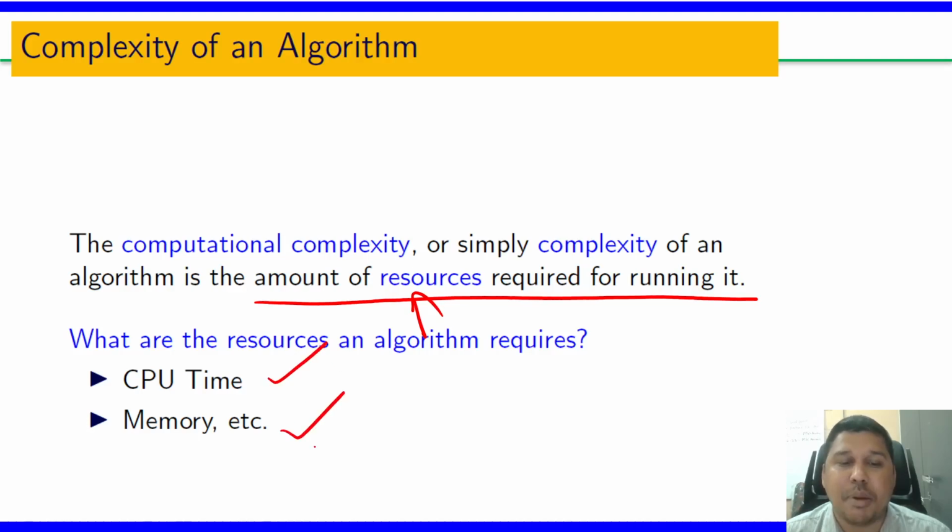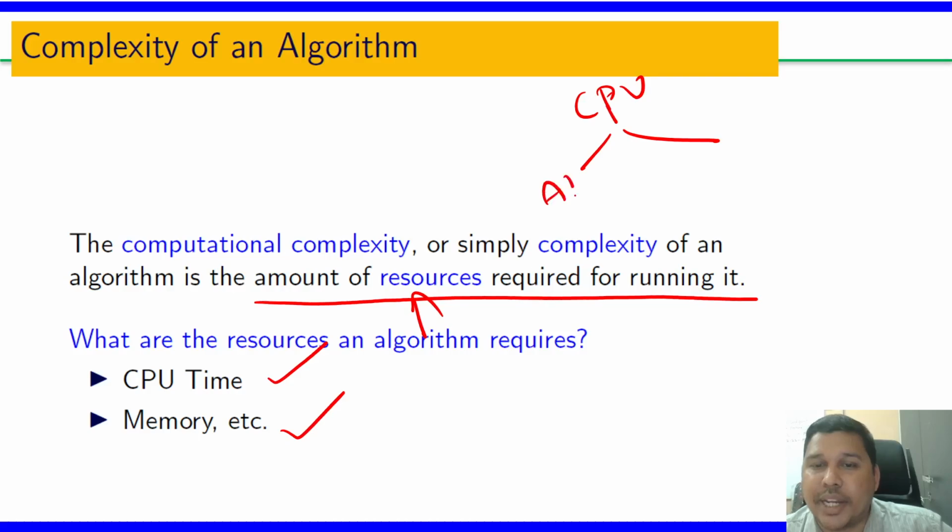CPU time and memory. CPU time, because in CPU, I will go a little into computer architecture. In CPU, we have two things: arithmetic logical unit and control unit. If I'm not wrong, in the CPU diagram, if you remember, we have arithmetic logical unit and control unit, right?